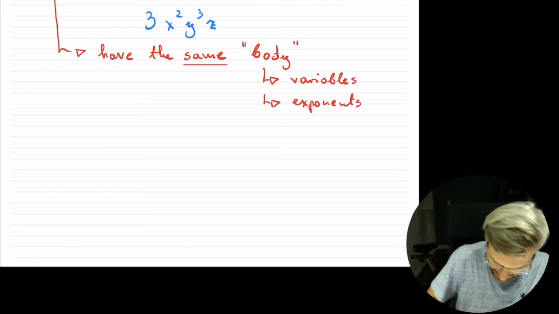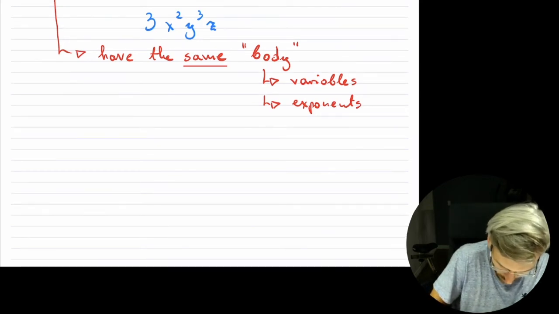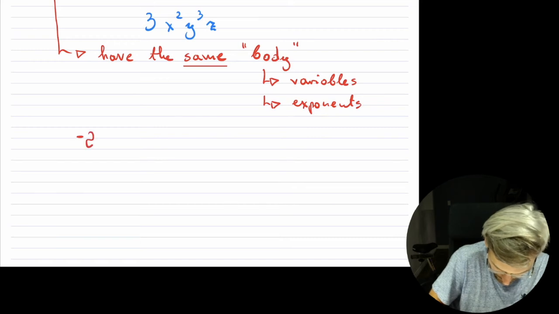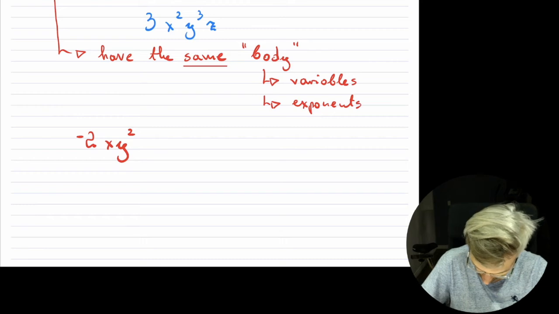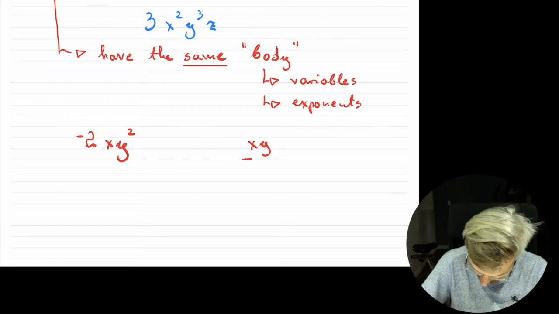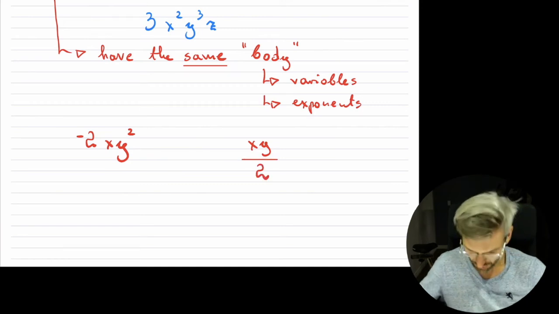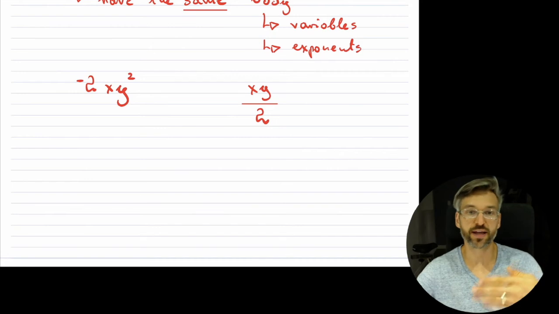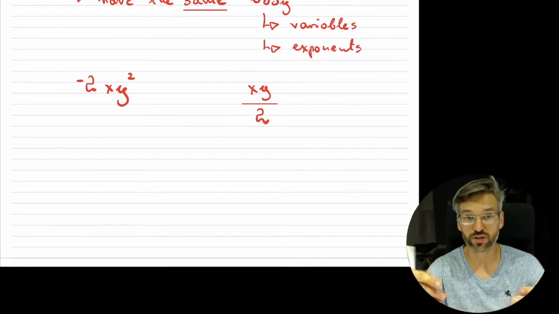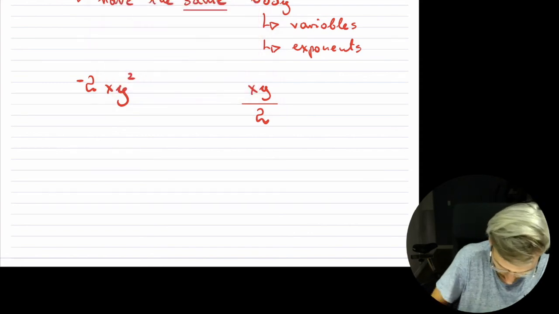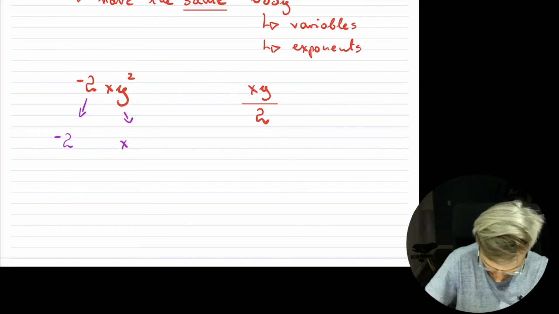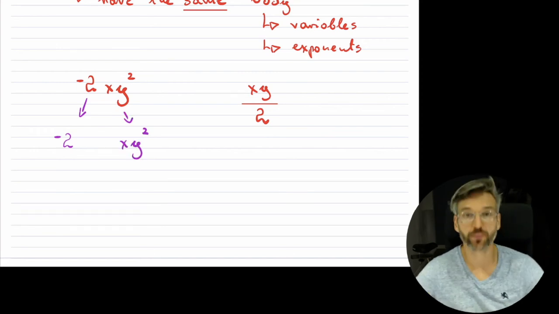So here is an example of two different terms. Let's say I have one term, and let's say I have another term. Let's break it down again: what are the coefficient and the actual body? In this case, my coefficient is -2, and my body is xy squared.